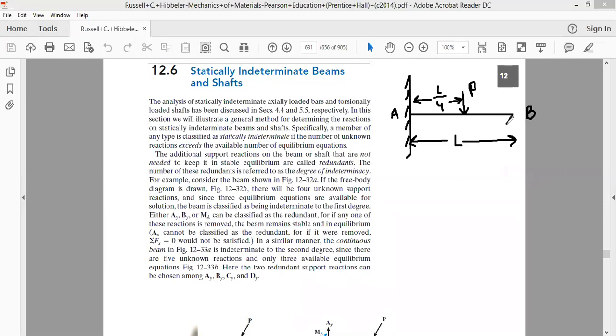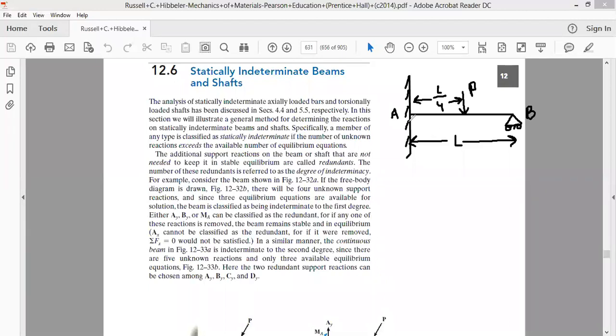That is, at end B we are supporting the cantilever beam, and let's suppose the support is in the form of a roller support. So now this cantilever beam is being supported at one end. Now we will have two reactions.